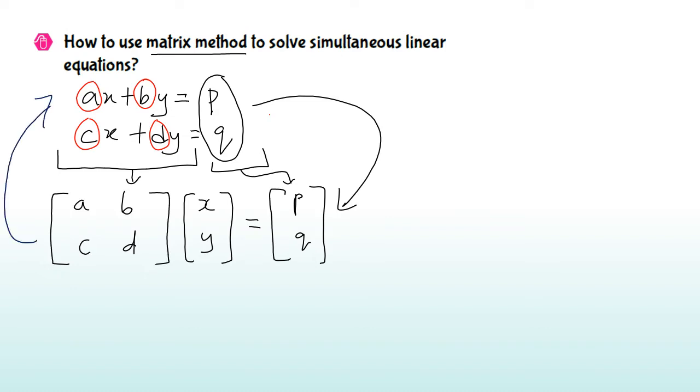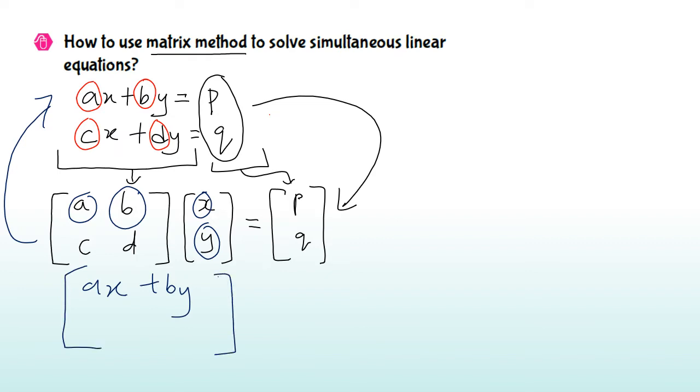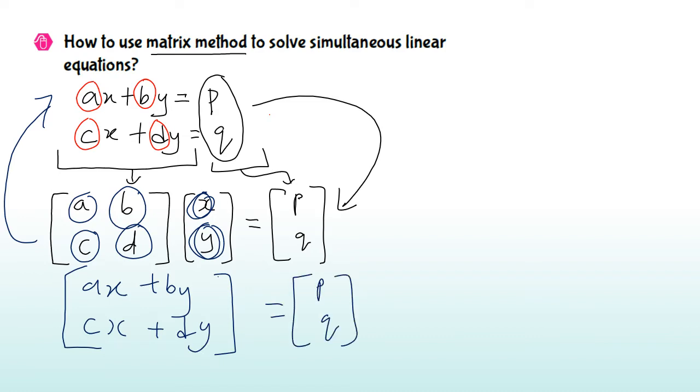Okay, let's prove it. You know that a times x is ax, plus b times y is plus by, and it becomes one matrix here. c times x is cx, plus d times y is dy, equal p, q, right?